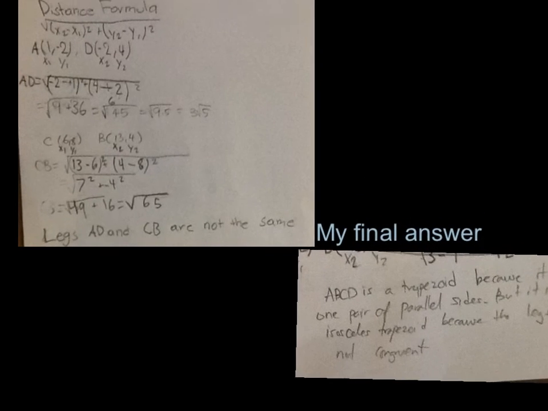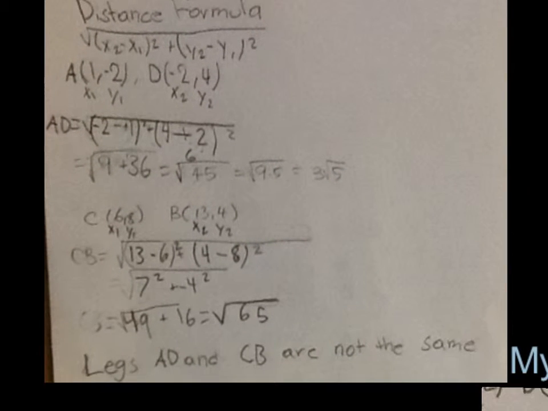Okay, so this is the distance formula. I'm doing AD, the legs. A is (1, -2) and D is (-2, 4). X1 is 1, Y1 is negative 2, X2 is negative 2, and Y2 is 4. Hold up. Okay, so we have to subtract. Negative 2 minus 1 equals negative 3.